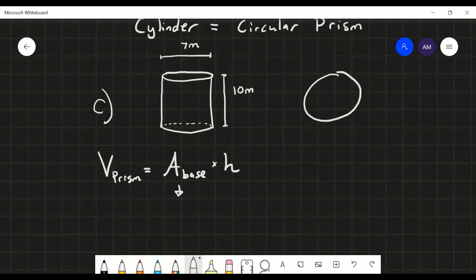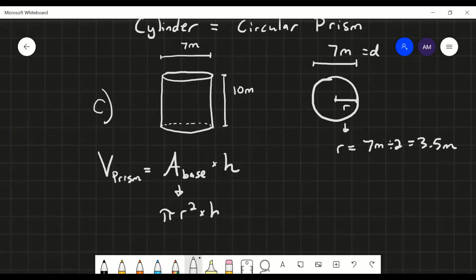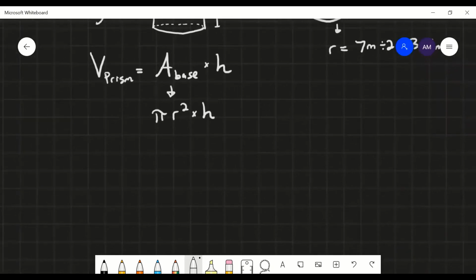So the circle of the base looks like this, a circle with a width of 7 meters. That would mean that the radius is half of that. It's half of that diameter. So the radius is half of 7, which would be 3.5 meters. And the area of a circle is pi r squared. Pi times r squared. So this would be 3.14 because that's what pi always is.